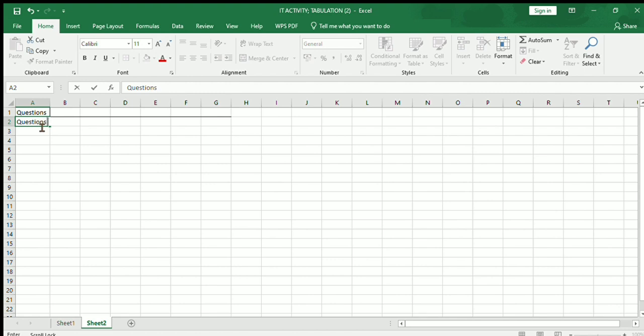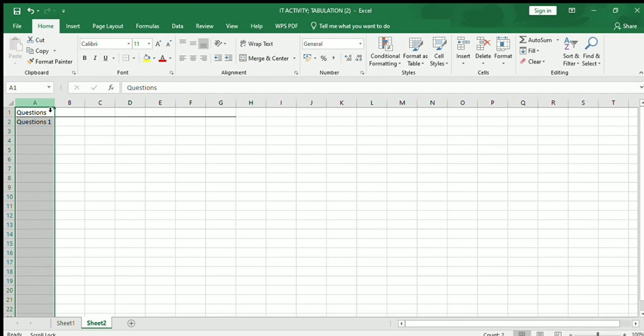After we put all the data in the table, we will move to make a graph.